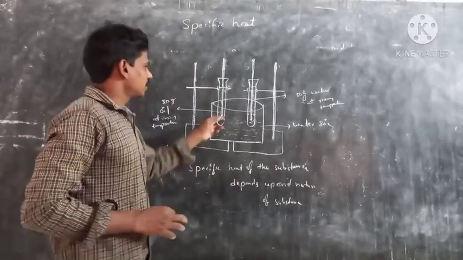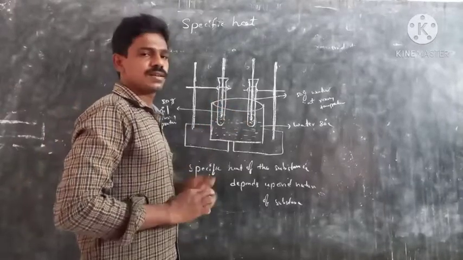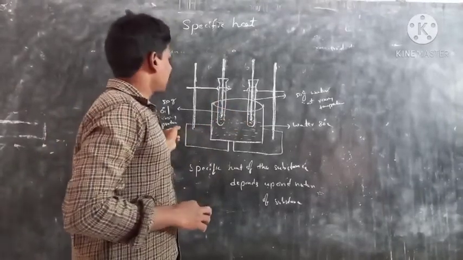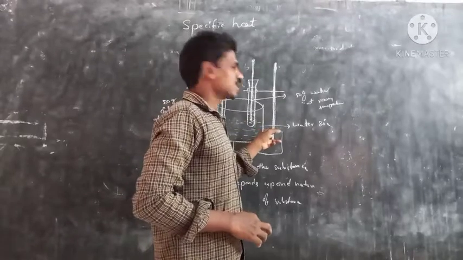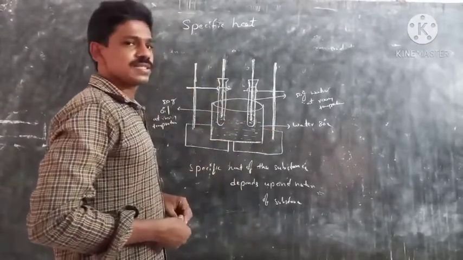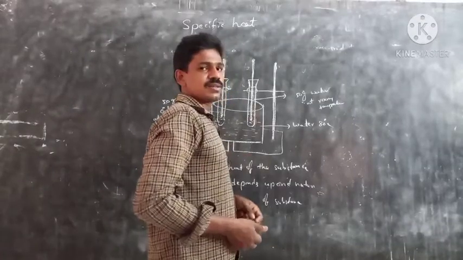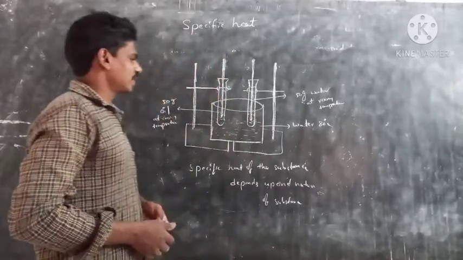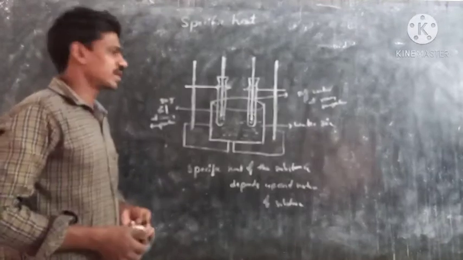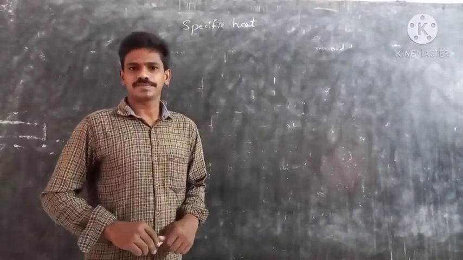Here we used two different substances, one is oil, another one is water. That's why the rise in temperature in oil is higher than the rise in temperature of water. I hope you understood. The next activity.